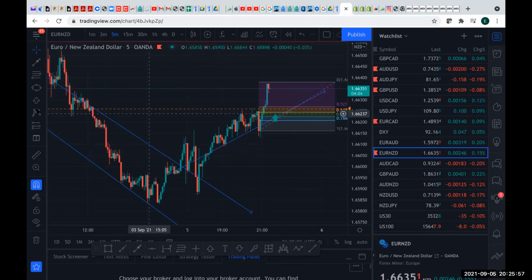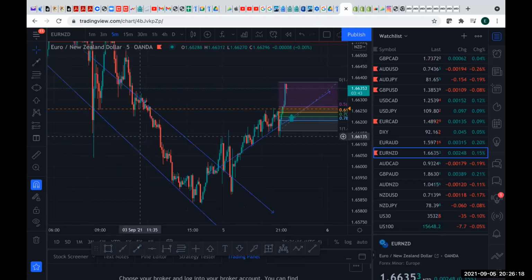It wicked through, but didn't break that right there. So 244 may be okay. However, here it came down to 233. So maybe not 244, maybe 233 is where I might get in. Anywhere between 234 and 242 is okay, in my opinion.